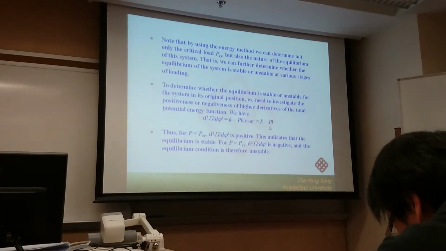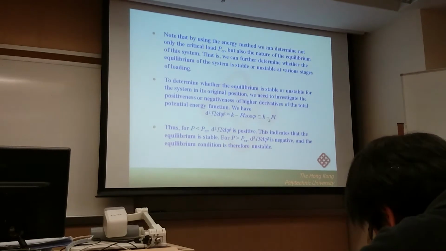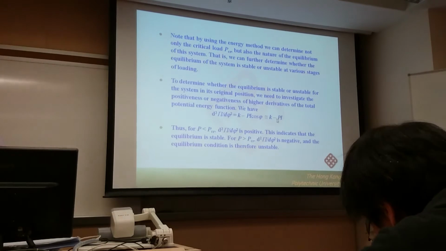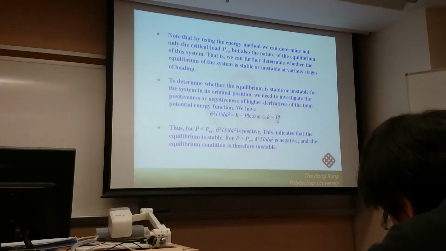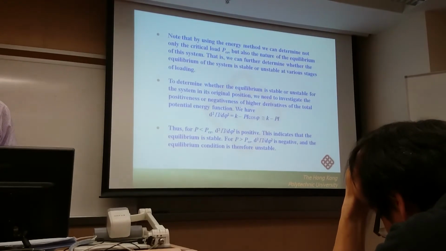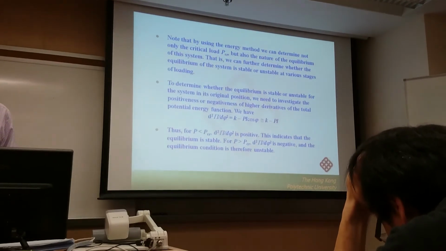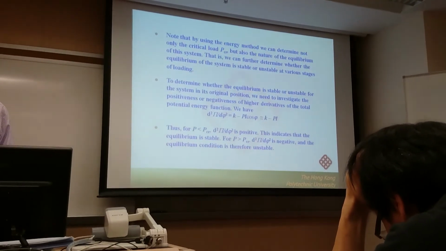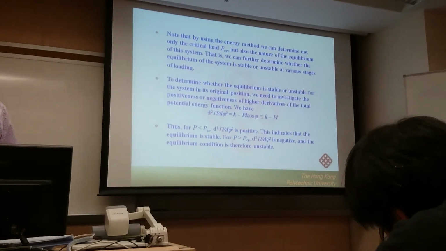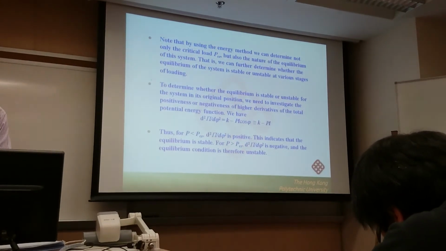When the applied force is less than the critical load, that means K minus P A rho is larger than 0. When P is less than K over A rho, if you substitute the critical load here, this term is larger than 0. So the second derivative is positive, that means the structure is stable. When P is larger than the critical load, this second derivative is less than 0, so the structure is unstable. We always have a conclusion like this. It is impossible to have a different conclusion.